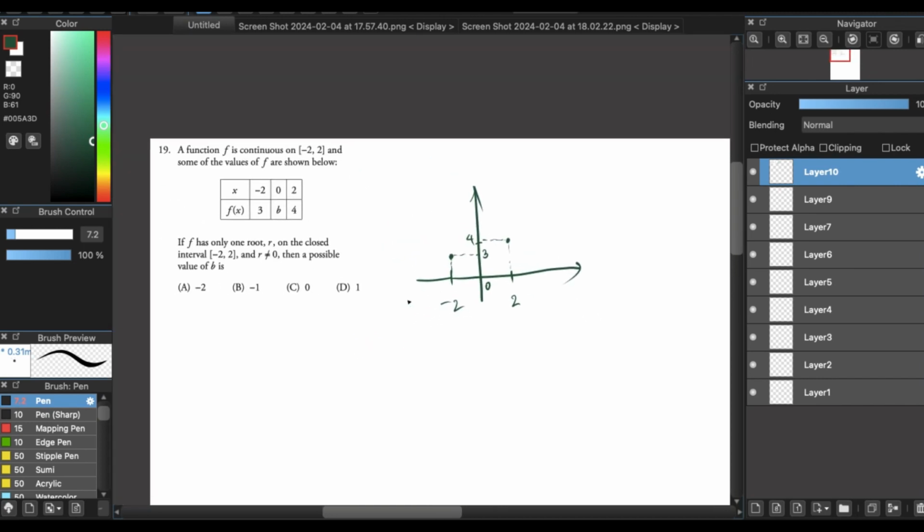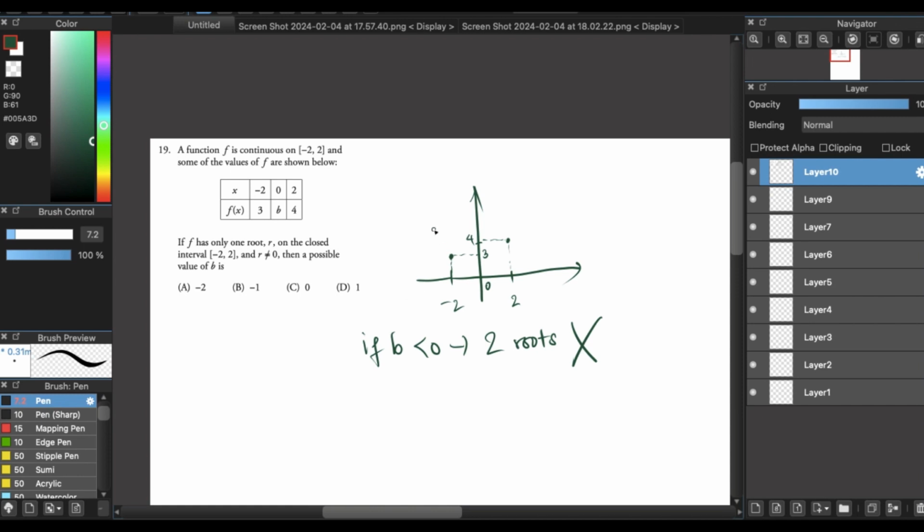So remember that if b is smaller than 0, no matter which graph you might draw, there would be two roots.